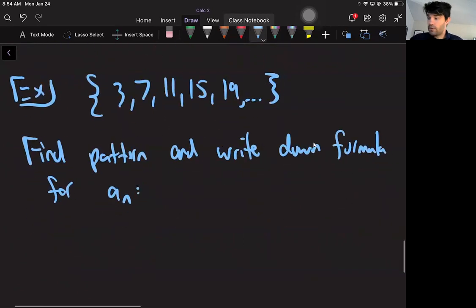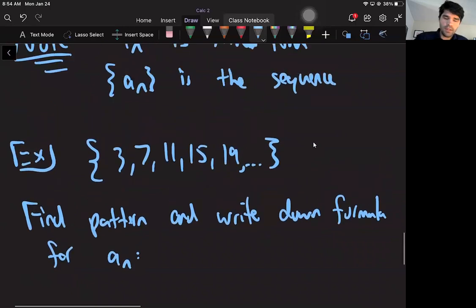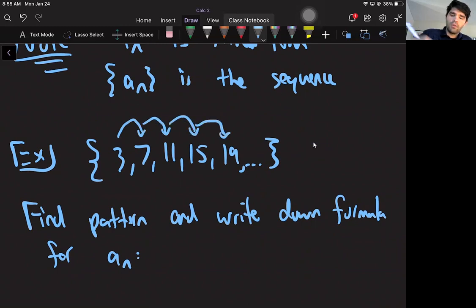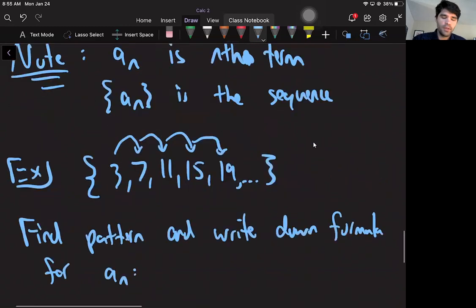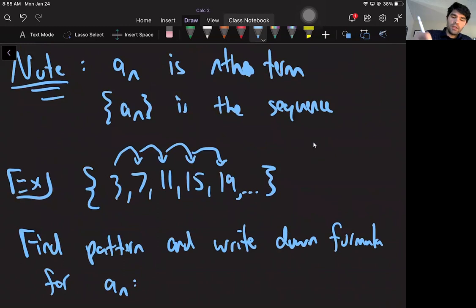Okay, so this time, typically what's going to happen is you're either going to multiply to go from term to term, or you're going to add, or maybe some combination of the two. So here, the trick is to notice that we're just adding 4 each time.